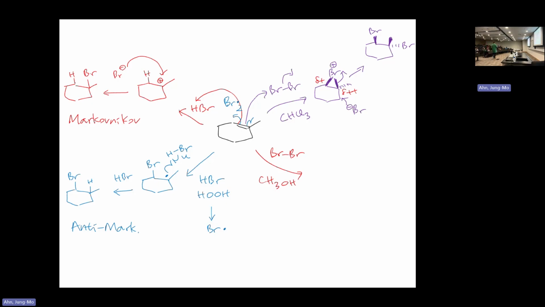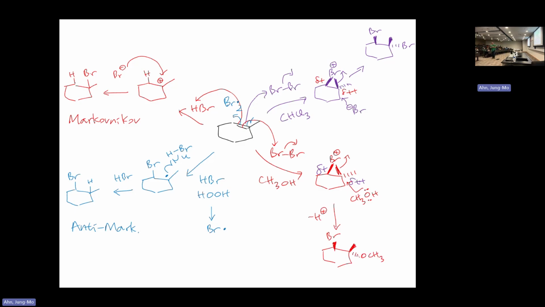The solvent molecule is present in large quantity. So the solvent molecule attacks from the opposite side, so it's anti addition again. And again, the more substituted carbon bears more carbocation character. So that's where the solvent molecule attacks.